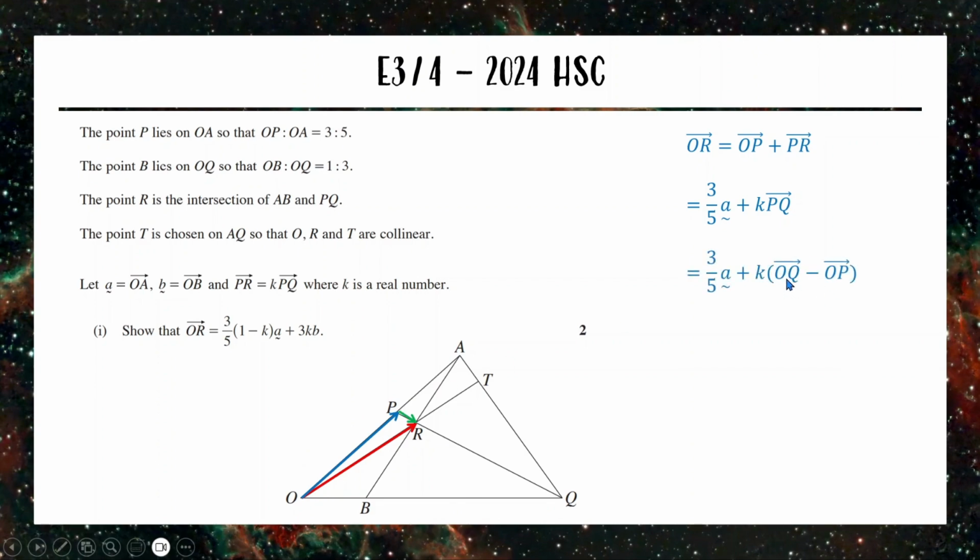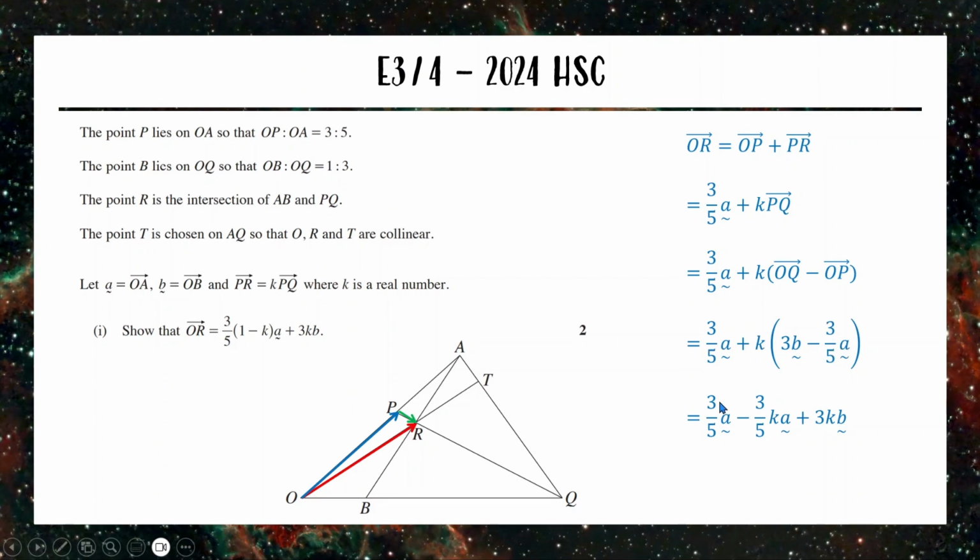Okay, why have we done that? Well, because OQ we have some information about. OQ is 3 lots of OB, so it's 3 lots of B. And OP, as we already said, is 3/5 of OA, so it's 3/5 of A. So we've translated the entire thing now into an expression involving A's, B's, and k's, which was the goal. We just need to expand, simplify, and collect to make it look like the target to get our 2 marks. So we expand out the k with the -3/5 A. I'm going to put that at the front.